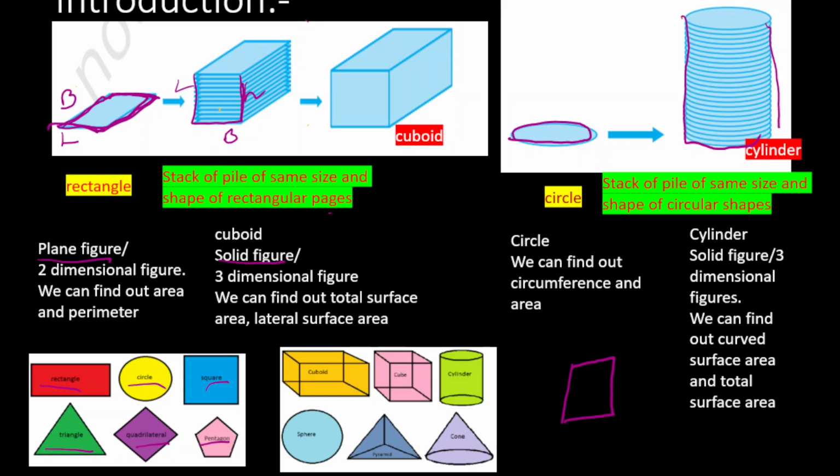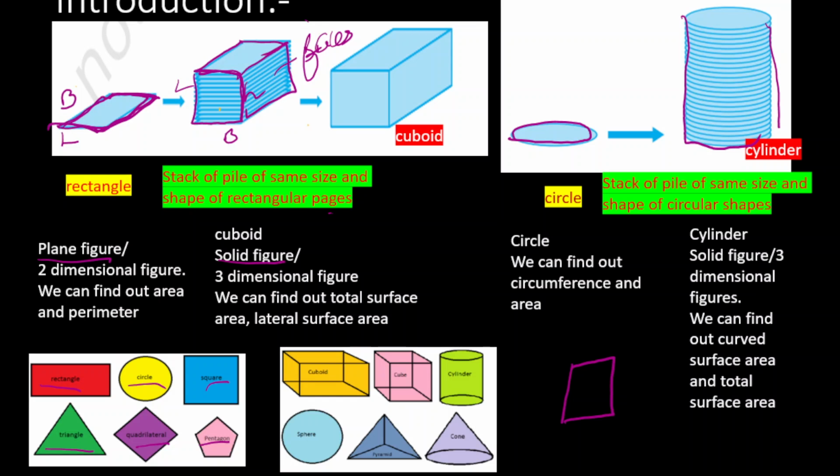That means this is one plane and this is one plane, and all the solid figures are surrounded by many planes or surfaces. These are also called surfaces, outer surfaces or faces. What we can see outside, all the outer surfaces, are called faces.